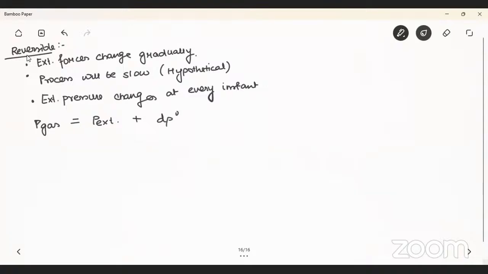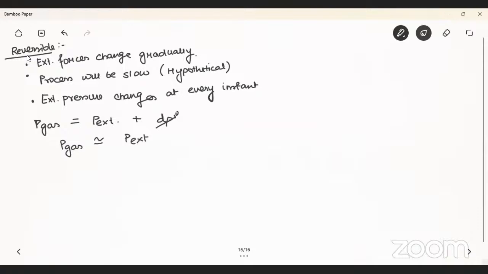This variable may tend to 0, so external pressure will be changing at every instant, and P of gas is equivalent to P of external.